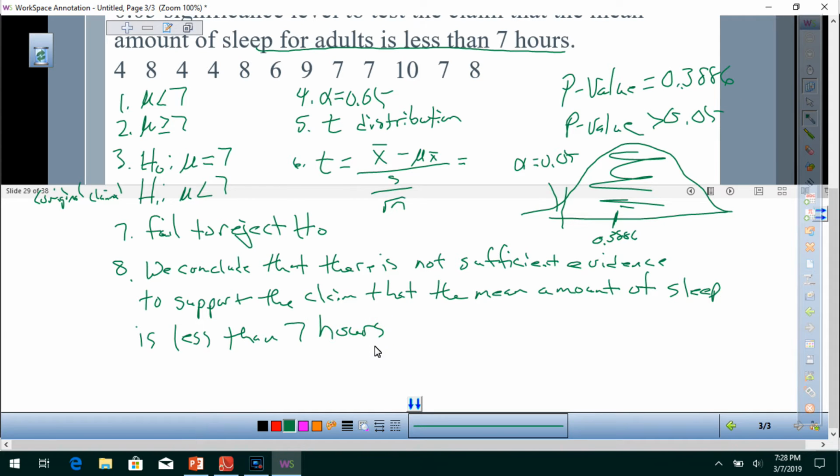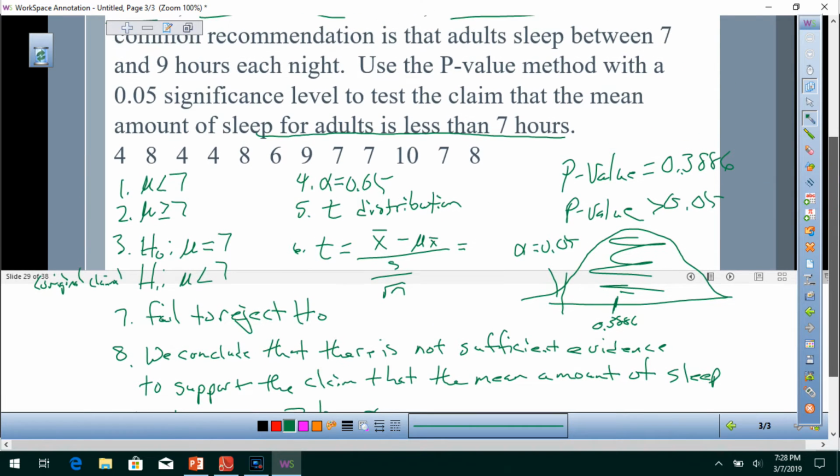And there we go. That's for the p-value.